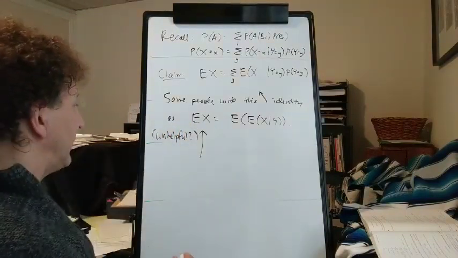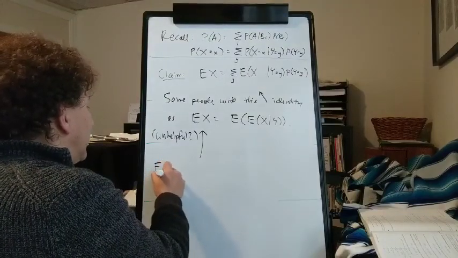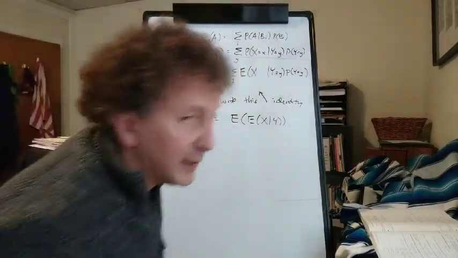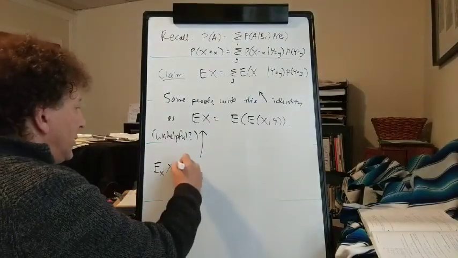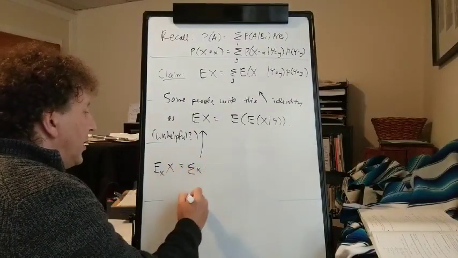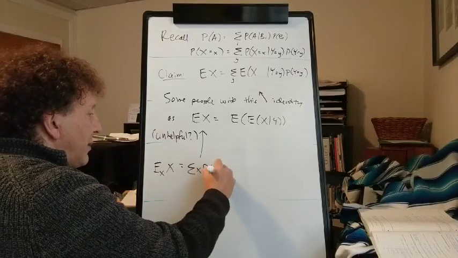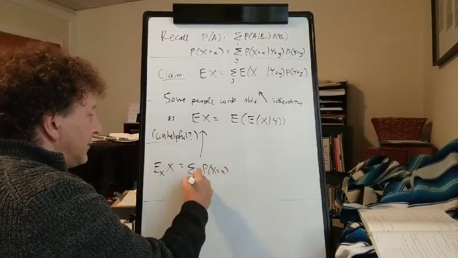So the left-hand expected value is sort of an X expected value, which means the sum of x times the probability that X equals little x.